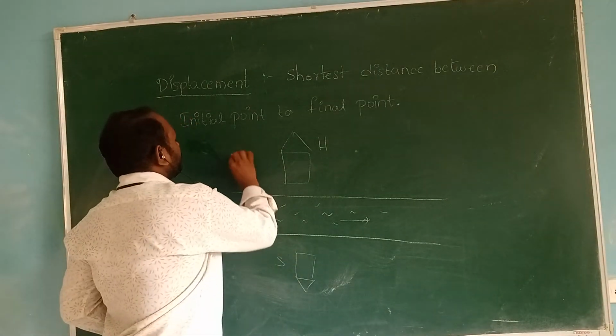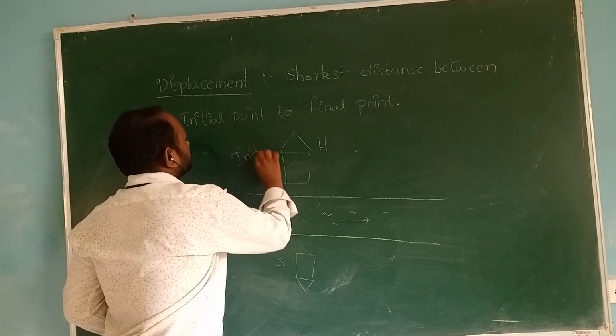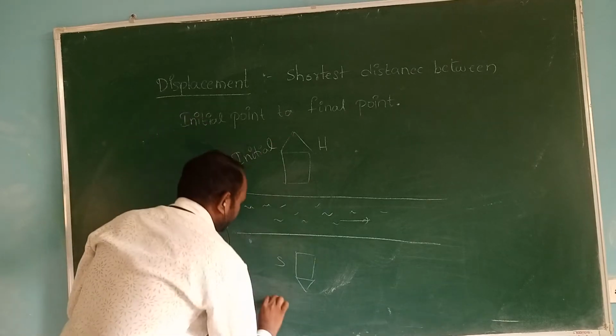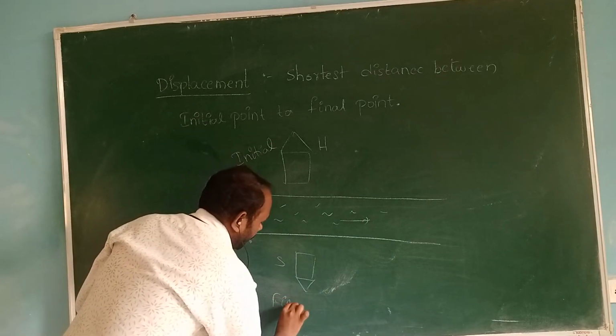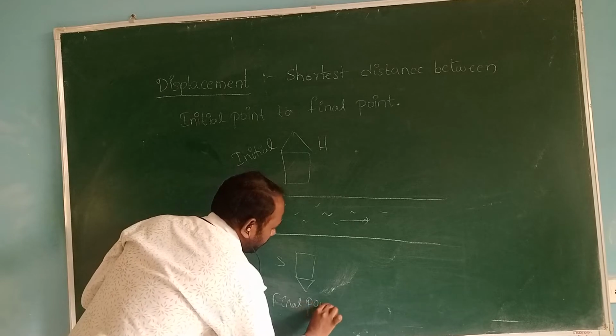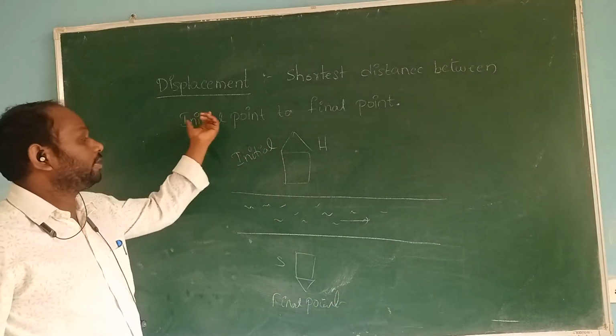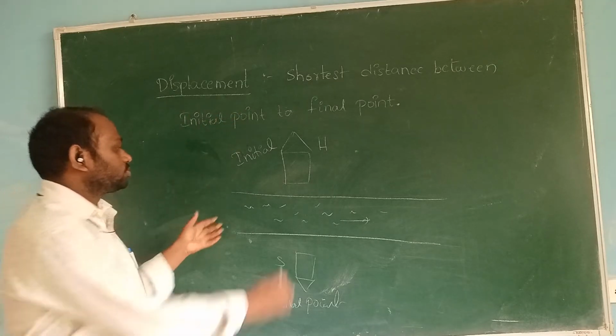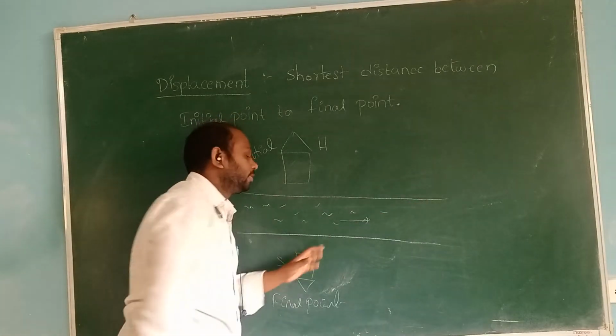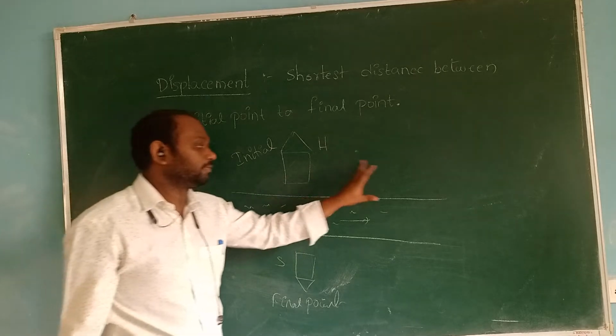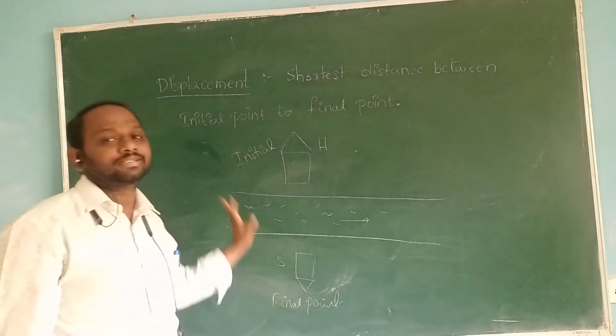This is the initial point and this is the final point. Already in the previous definition, distance means the actual path of total length covered by a body, between initial point to final point.